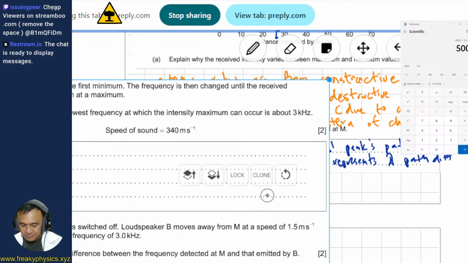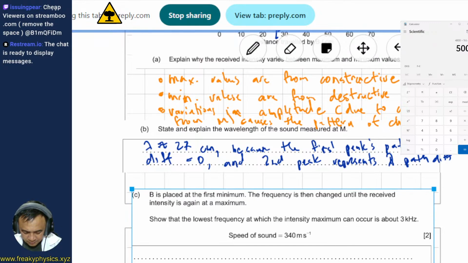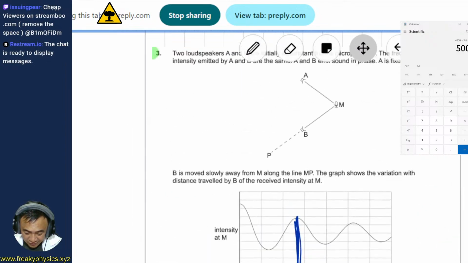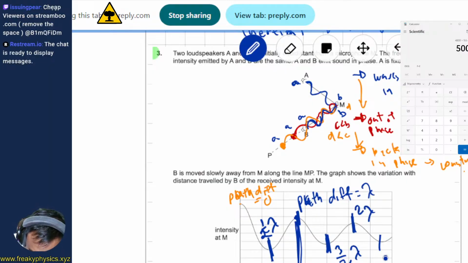But what could we use the dip to calculate? If you're going to use the dip, you can actually do the same thing. Here the path difference is half a wavelength, and here would be 3/2 of a wavelength. This would be 2 wavelengths, and this is 5/2 of a wavelength.